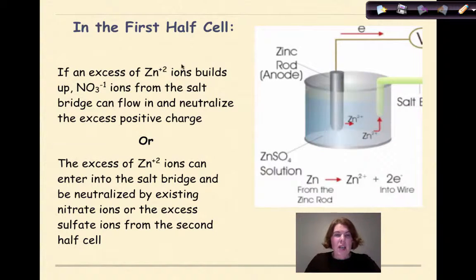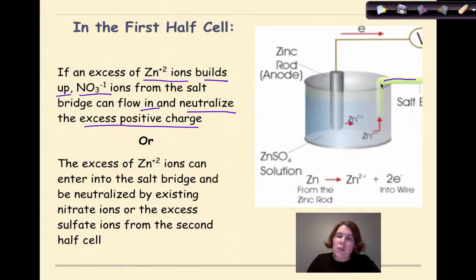In the first half cell, if an excess of Zn+2 ion builds up, which will happen as this oxidation half reaction occurs, the nitrate ions from the salt bridge can flow in and neutralize this excess positive charge. So coming out of this salt bridge right here, it's like, hello, I'm nitrate, NO3-1, you're Zn+2.